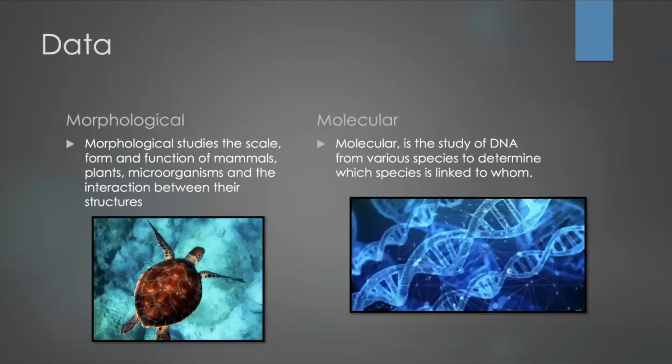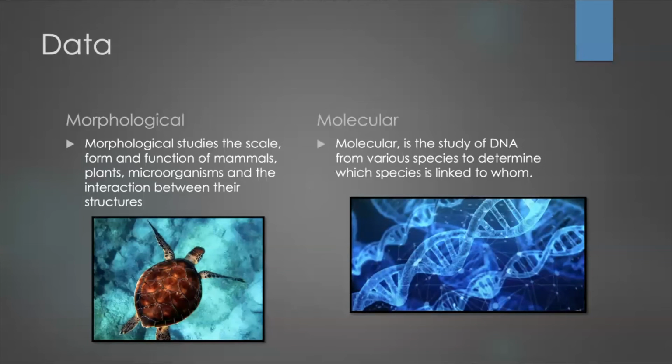So, which data is exactly used for creating a phylogenetic tree? Well, scientists use either the morphological data or the molecular data to construct a phylogenetic tree. Morphological studies the scale, form, and function of mammals, plants, microorganisms, and the interaction between their structures.